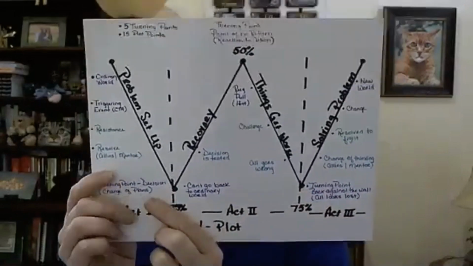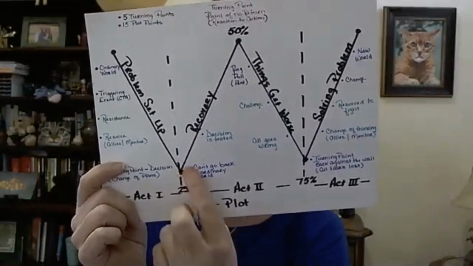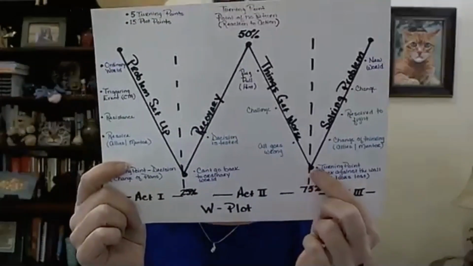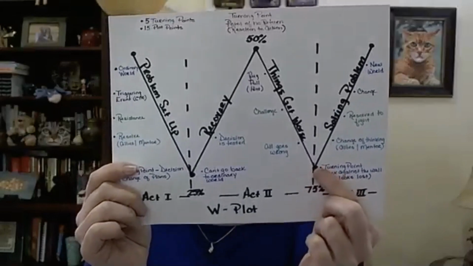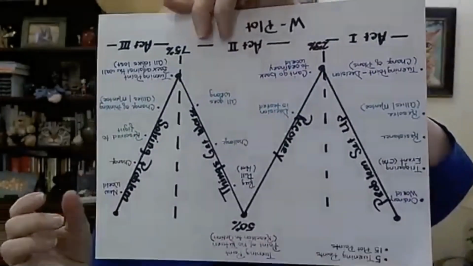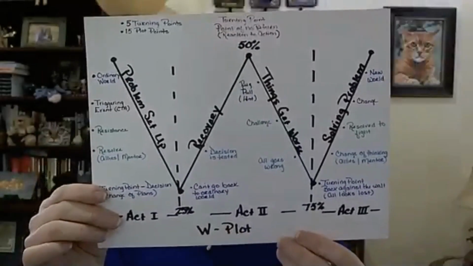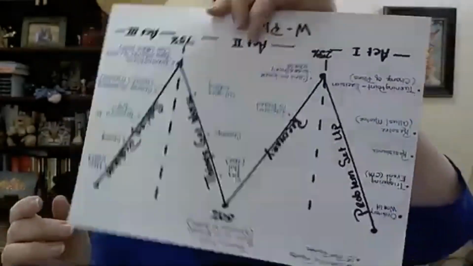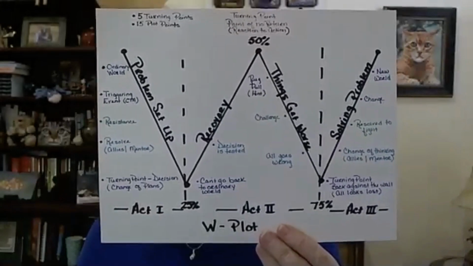So in Harry Potter, Draco, you know, there's some negativity going on here, and then over here where Voldemort comes out, there's some challenge here. So think of this as your M plot is your villains, and your W plot is your heroes and heroines.